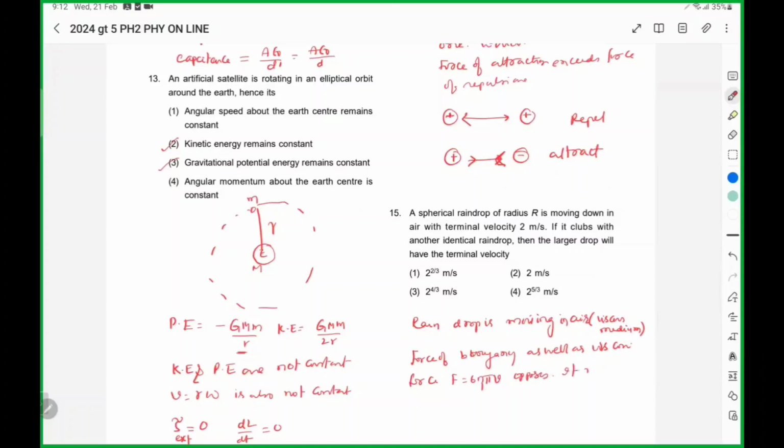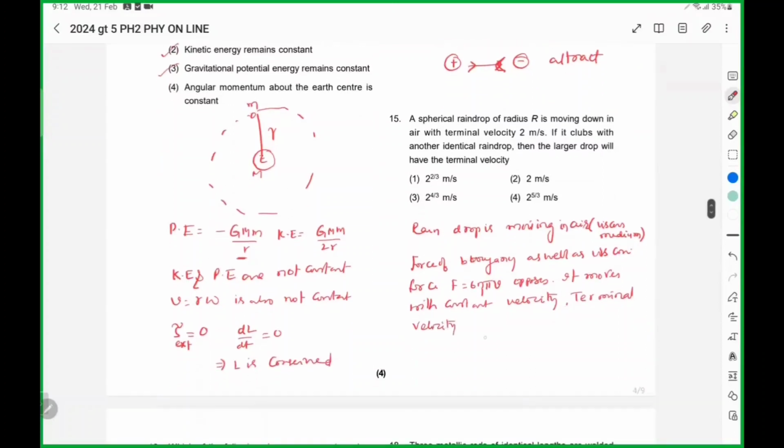Finally, it moves with a constant velocity, which is known as terminal velocity. The terminal velocity is proportional to r squared.